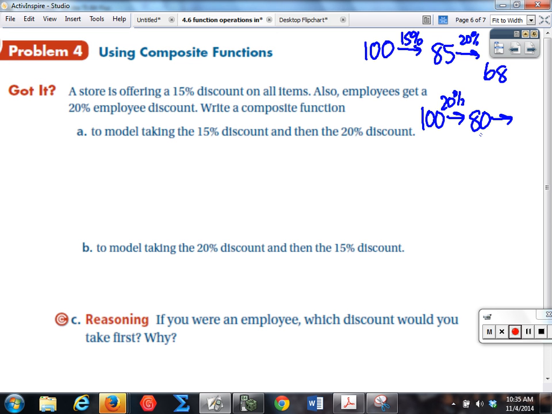What's 10% of 80? 8. And then do 5%, half of that. So 4, so 12. $12 off. 68. So they ended up being the same. I didn't think they were going to be the same. But yeah, if you times it by 85% and then times it by whatever, it doesn't matter the order you times it.